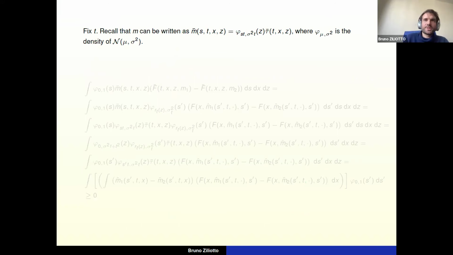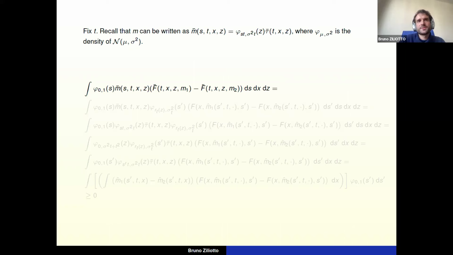And this is where it's crucial to have this decomposition of M as a product between a term that doesn't depend on S and a term that is just a density of some normal distribution. So let us start. This is just the term that we are interested in.